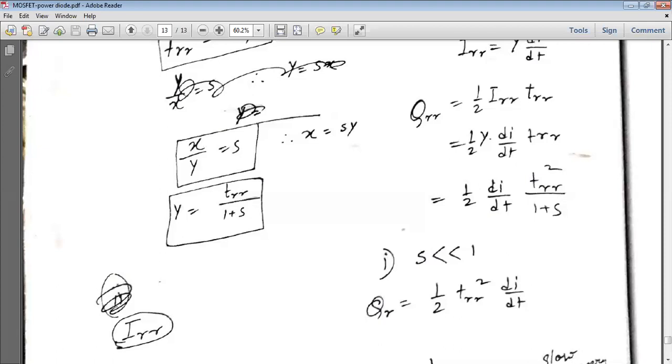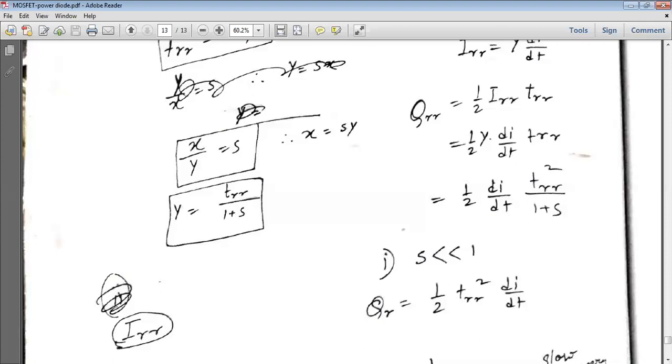Fast recovery diodes generally have the reverse recovery time in the value of nanosecond. Fast switching, so its switching is at nanosecond speed. General purpose diodes are used in rectifiers and converters.